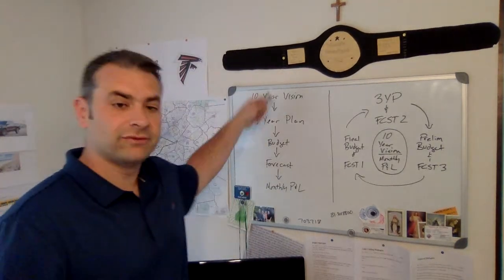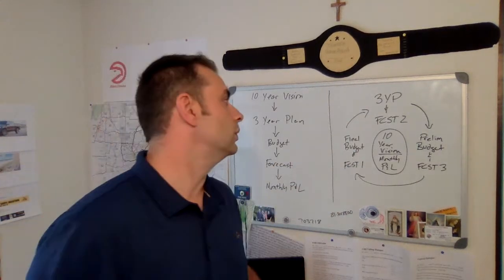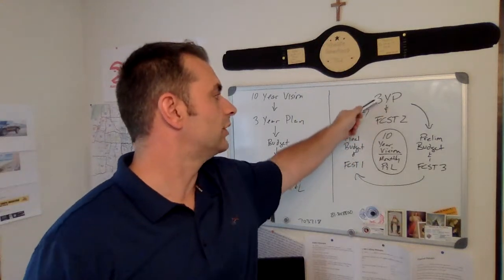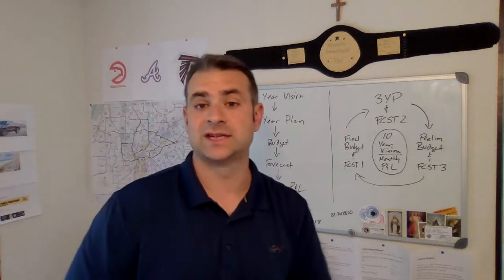So these are kind of the different steps here. Now this kind of shows the cycle, if you will. Higher level, it all starts off with a 3-year plan and our second forecast for the year.